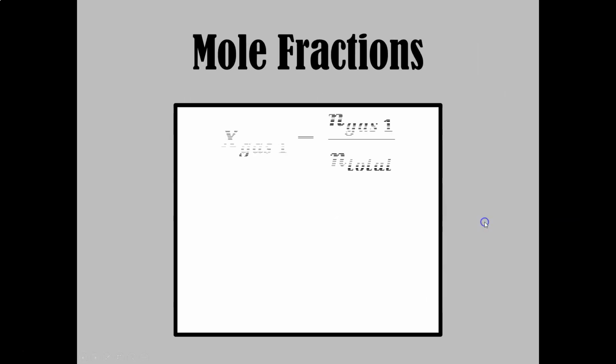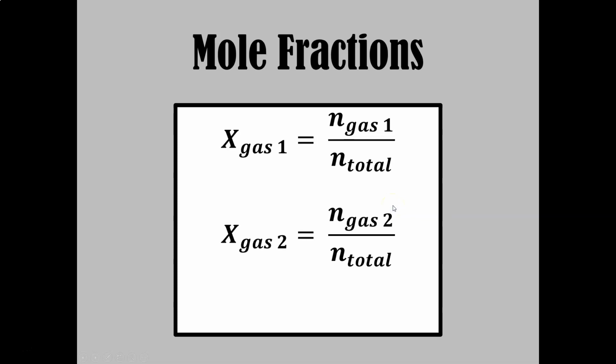So some examples. We use X to represent mole fraction, and you use a little subscript to say of gas 1. The mole fraction of gas 1 is the number of moles you have of that gas over the total number of moles in the container. If you had a second gas, it would be the same thing. The mole fraction is the number of moles of that gas over the total.